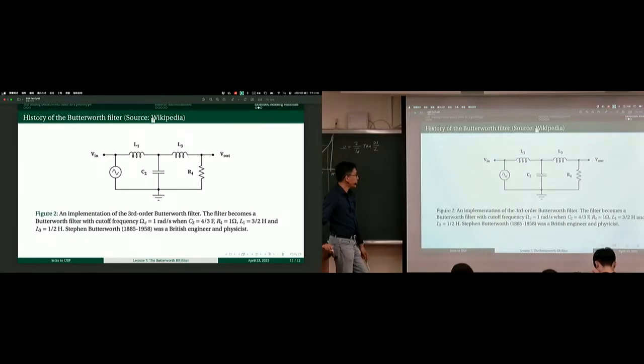He was interested in designing an analog circuit which has the maximally flat frequency response, yet providing low pass characteristics.